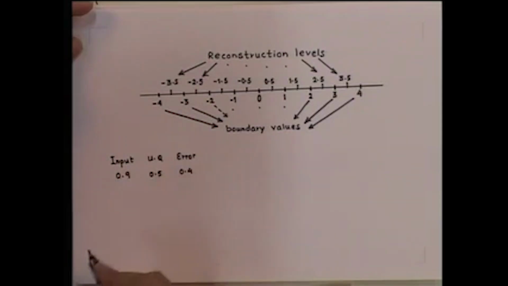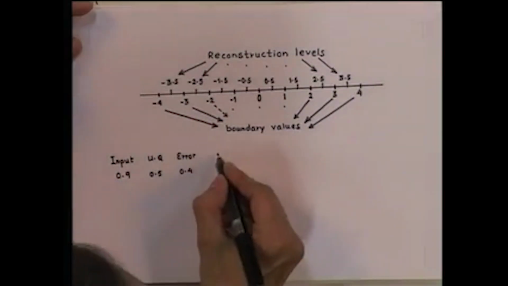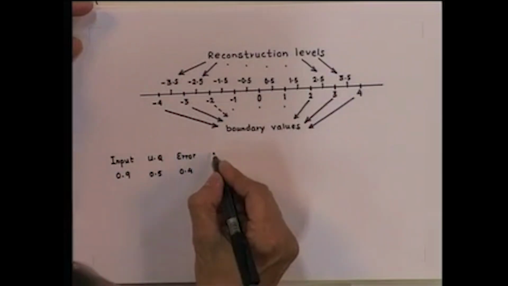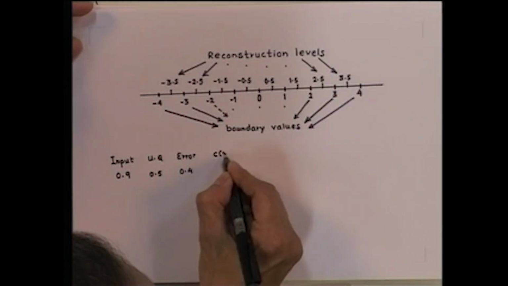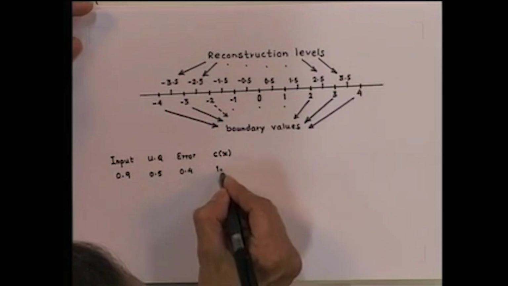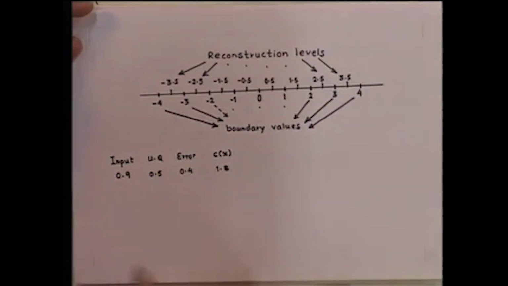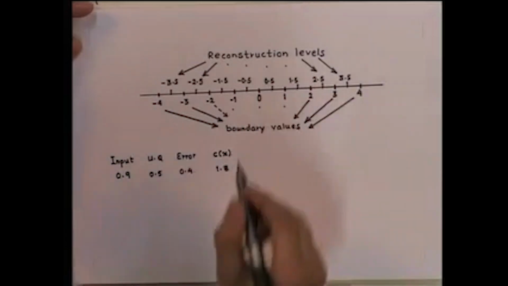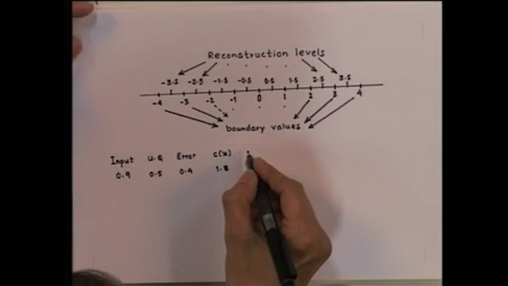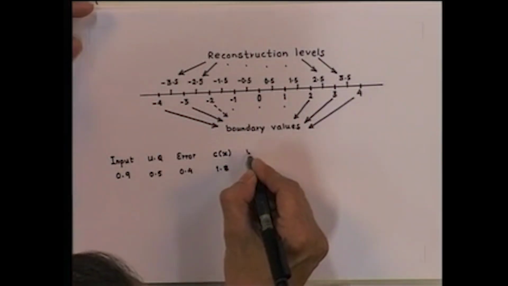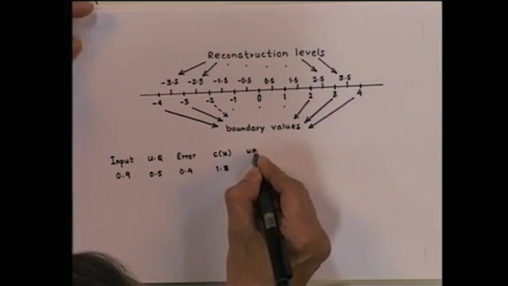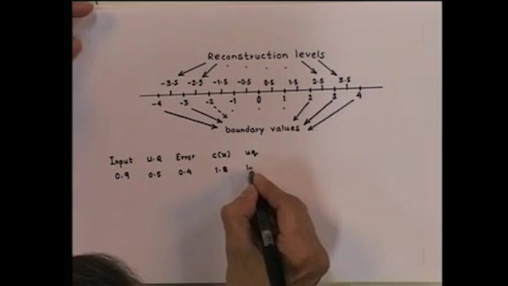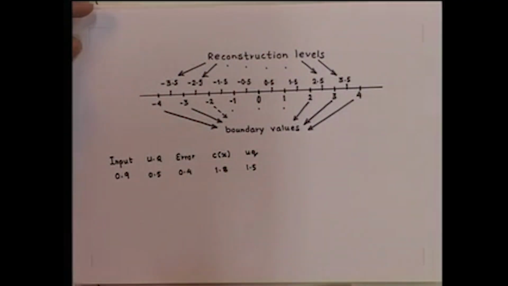Now, if the same input was passed through a compander, then let us see the output. So, 0.9 when it passes through the compander characteristics which we just discussed, the output would be 1.8, and the output of the compressor will be fed to the uniform quantizer, whose output will be 1.5.